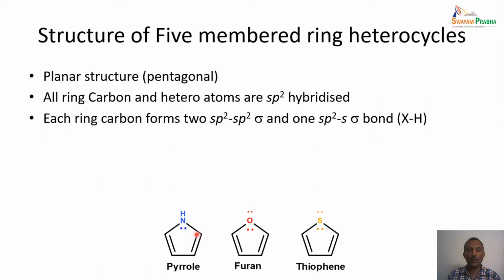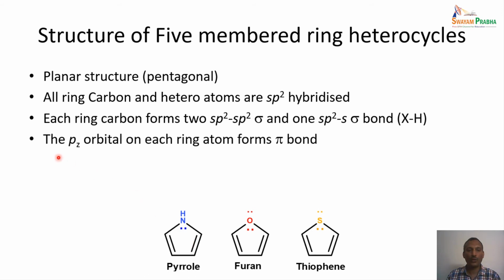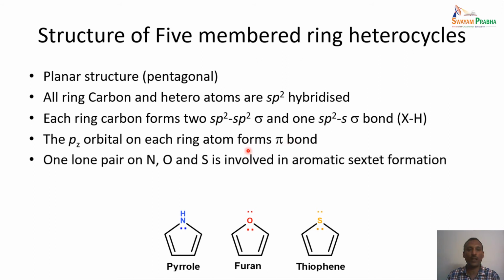So there are 2 different types of bonds. One is the sigma bonds with the neighboring heteroatom or carbon atoms, and the sigma bond with the hydrogen atom, and we also have a pi bond. The p-z orbital on each ring atom forms the pi bond. That is why we say this compound is planar and it shows aromatic character. For the formation of the pi bond, one lone pair from the heteroatom is used, because oxygen and sulfur both have 2 lone pairs.